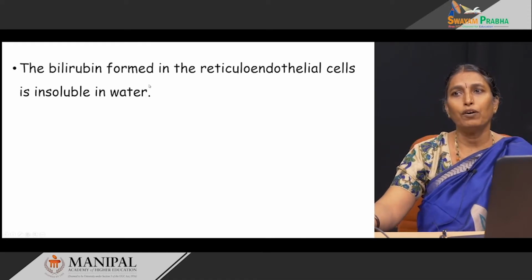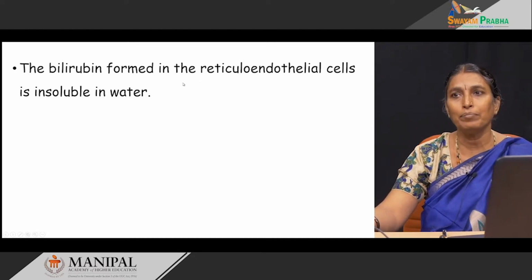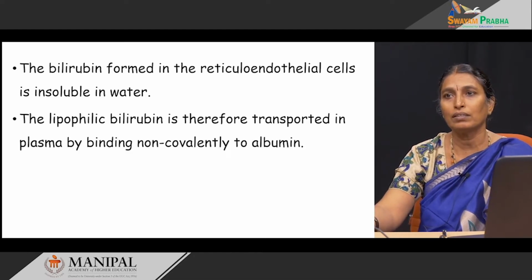This bilirubin formed in the reticuloendothelial cells is insoluble in water. So, in the reticuloendothelial cells, in the sense macrophages, this system, bilirubin is formed and this is a water insoluble compound. So, then it is toxic.